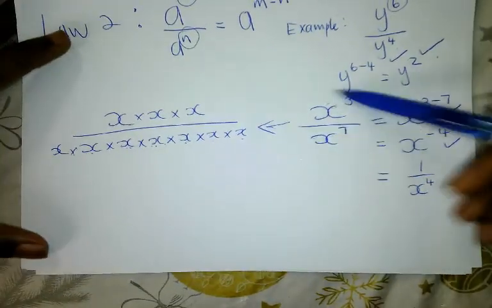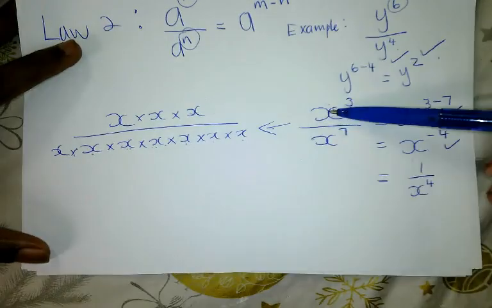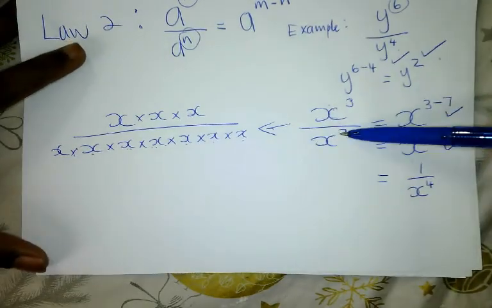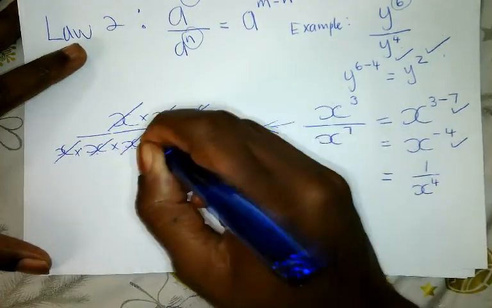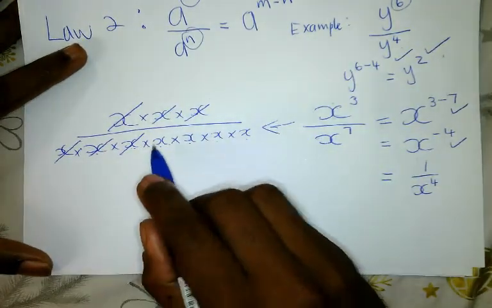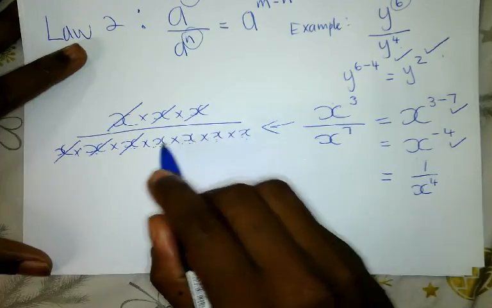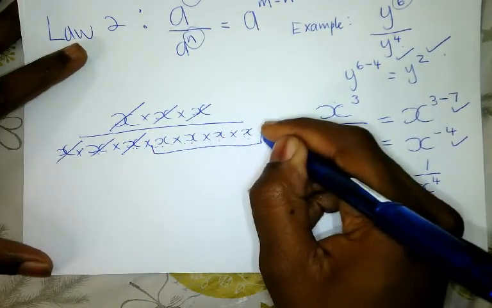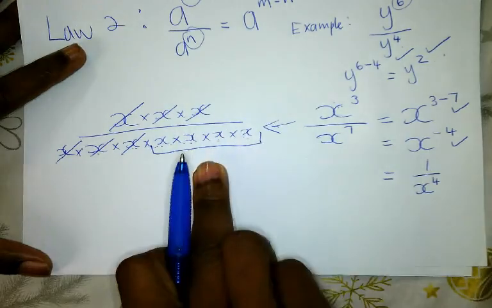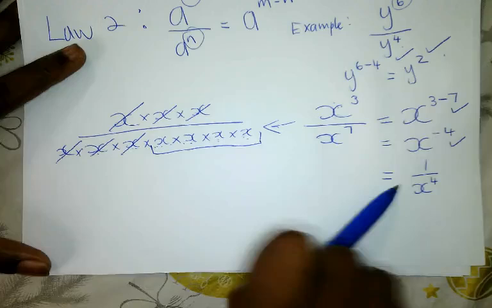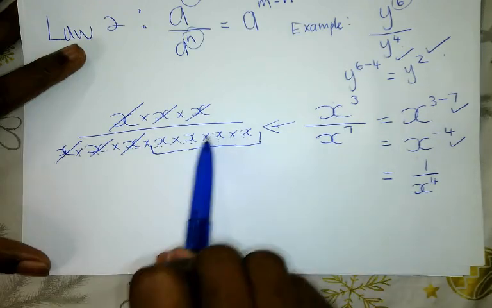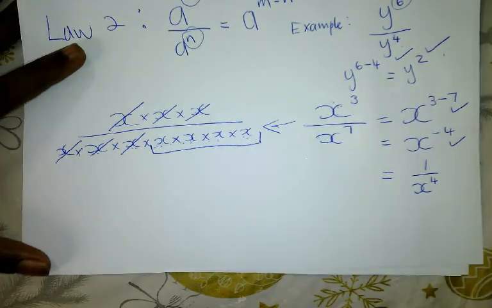So I have 3 x's on top and 7 x's at the bottom. If they cancel each other out, I'll be left with 1, 2, 3, 4. I'll be left with 4 x's at the denominator. So that's why if you are to write it as a positive exponent, you must write it as a denominator.